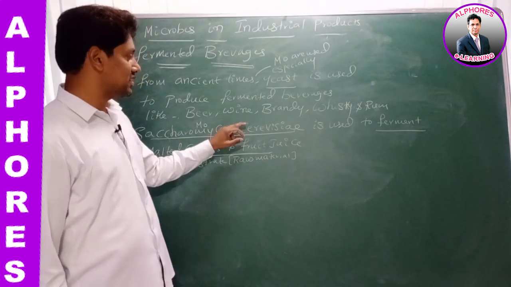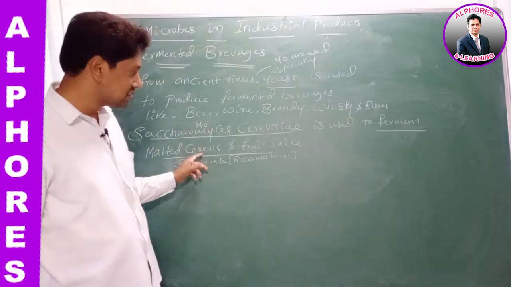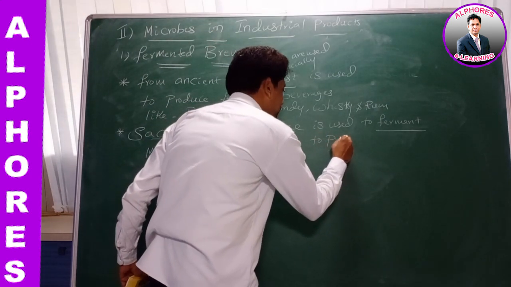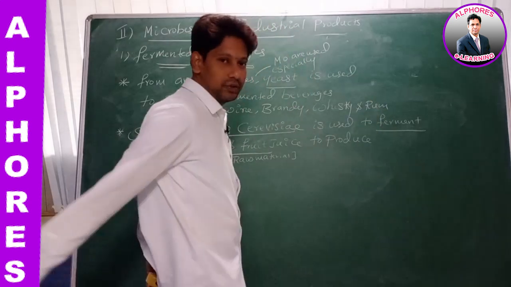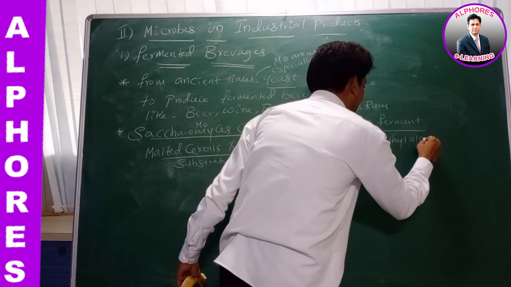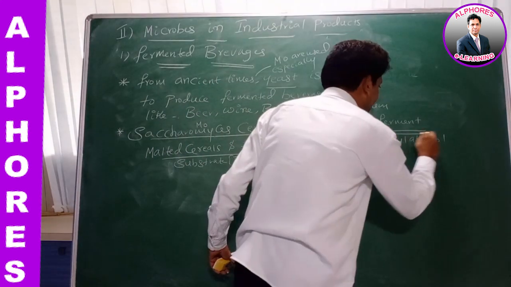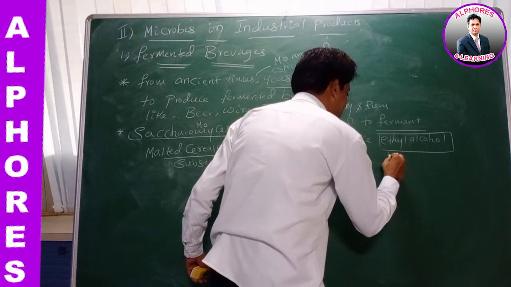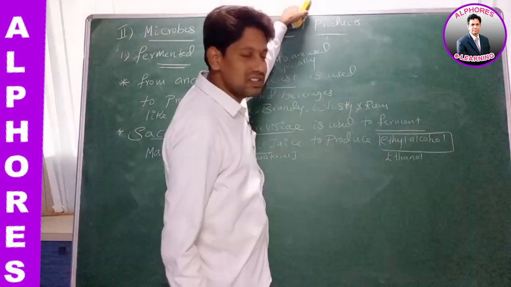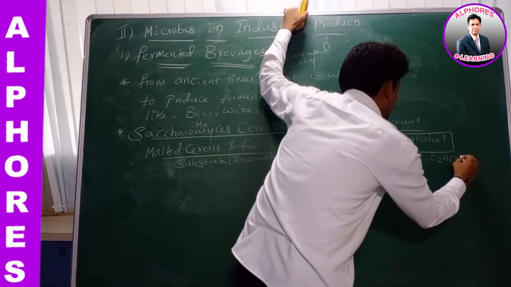Therefore, Saccharomyces cerevisiae is used to ferment malted cereals and fruit juice to produce ethyl alcohol. What is another name of ethyl alcohol? Ethyl alcohol is also called ethanol.